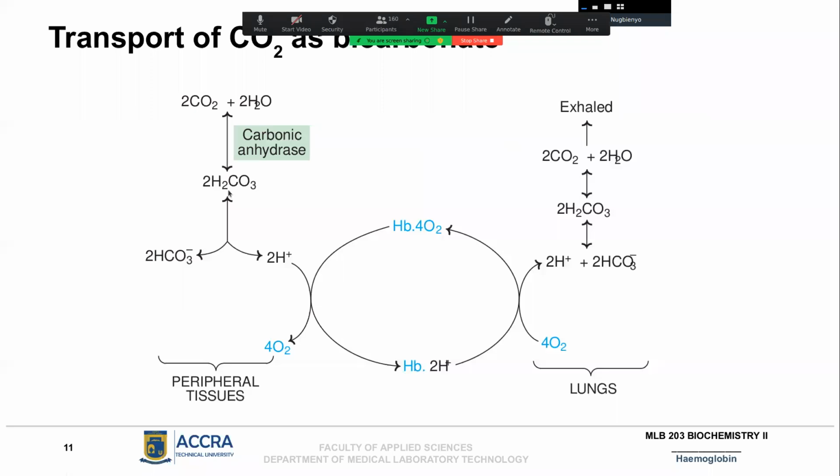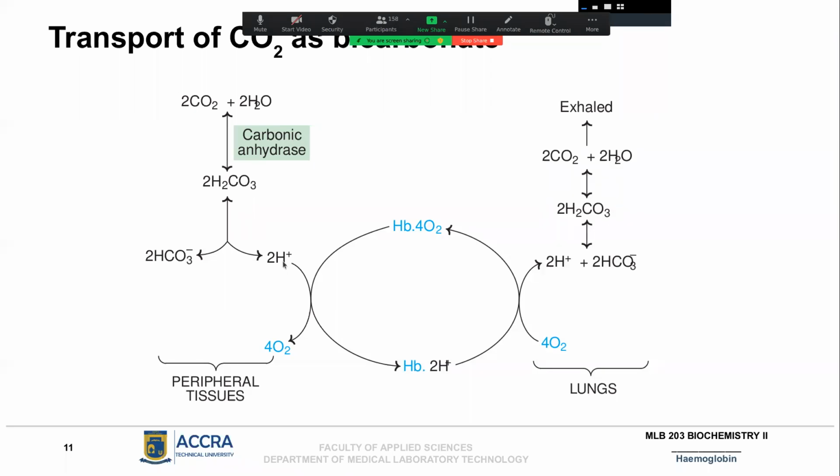Now, this carbonic acid further breaks down into a bicarbonate ion and some hydrogen ions. So this is happening in the tissues because, of course, the carbon dioxide is released as a byproduct of cellular respiration in the tissues. Now, you see that we are talking about hydrogen ions, and that should quickly make you think about a change in pH in the cell. We'll come to that.